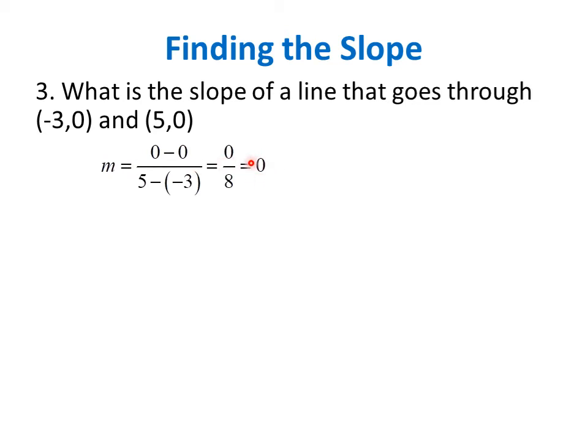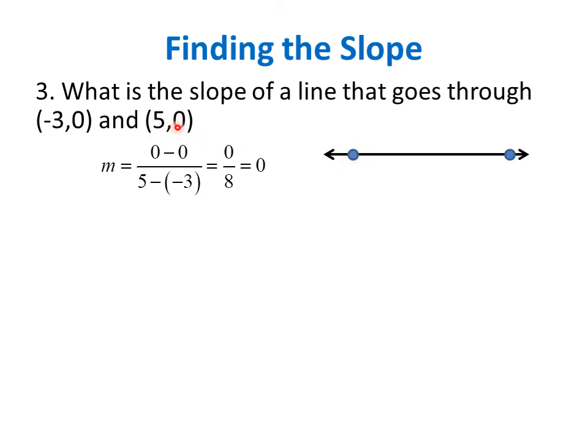Now, I hope you still remember that the slope is 0 if and only if the line is horizontal. So let's check if these 2 points form a horizontal line. If we try to plot the point (-3, 0), that is somewhere here on the left.